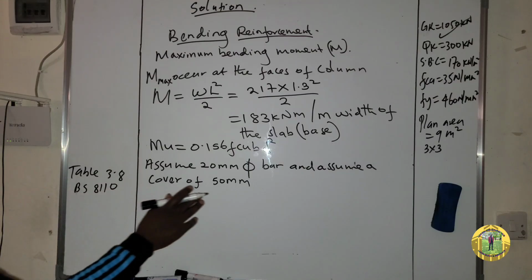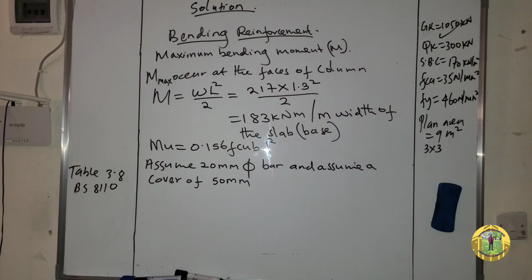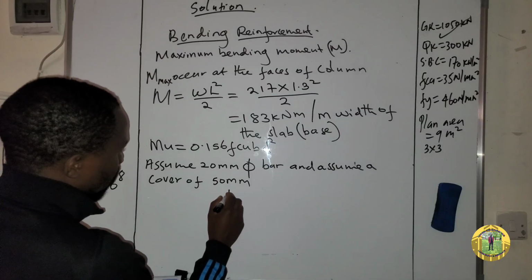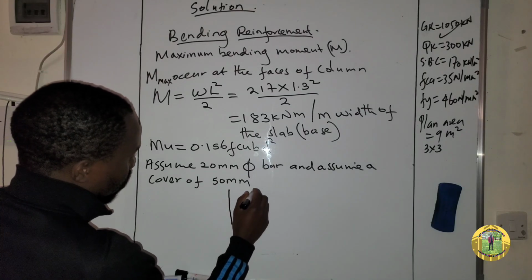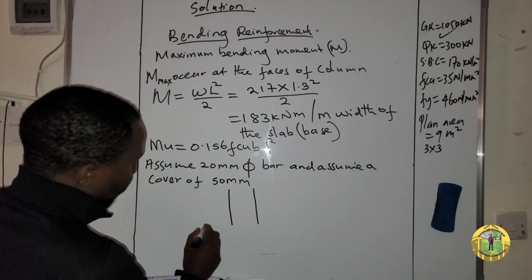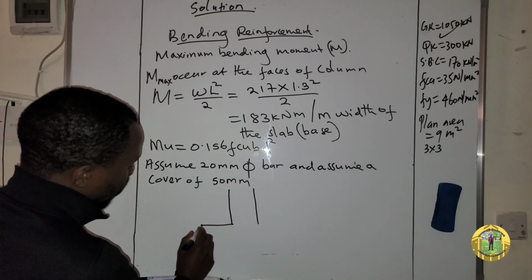So assume a 20 millimeter diameter bar, and also a cover of 50 millimeter. So we can obtain the D if we have the elevation. We can easily obtain our D.